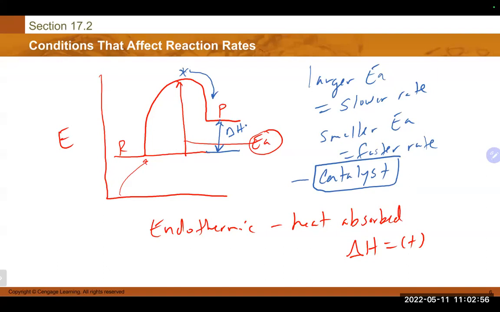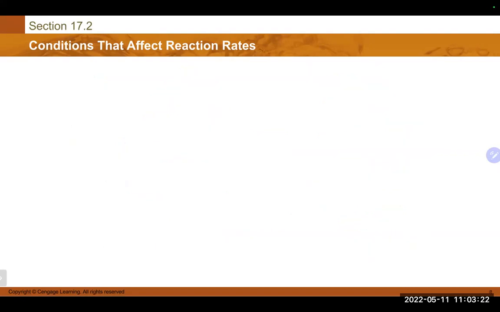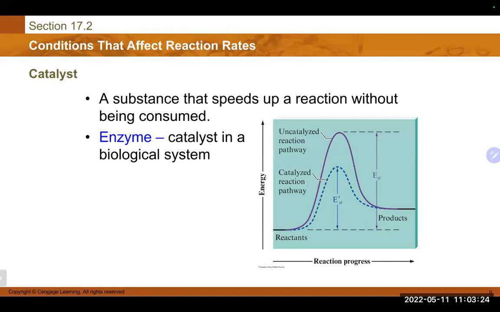There are catalysts that actually slow down, but most people refer to a catalyst as speeding up a reaction. And ultimately, what it's able to do is find an alternative pathway for a reaction to take place. And by doing so, it lowers the activation energy. So it makes that hill that the reactants have to climb much lower. And the result of that is we do see a speed up in the rate of the reaction.